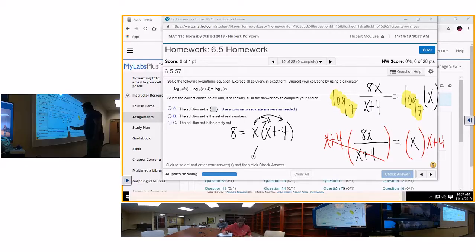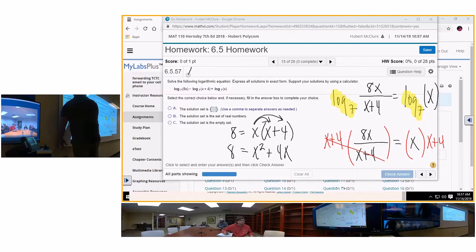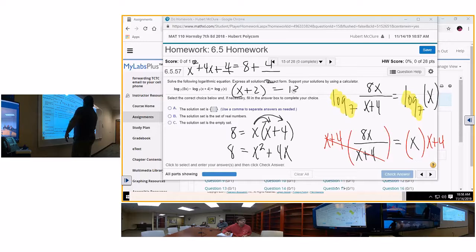X squared plus 4x is equal to 8. And then you can use the quadratic formula, or you can use complete the square. X squared plus 4x plus blank is equal to 8 plus blank. Half of 4 is what? 2 squared is 4. So that's going to be x plus 2, quantity squared, is equal to 12.